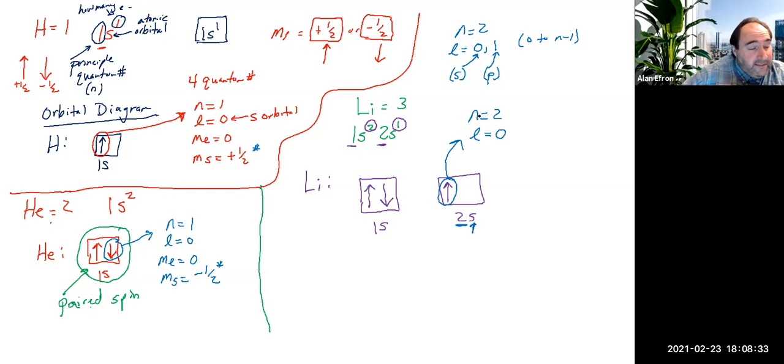Because we're at the second energy level, as we talked about last time, we start to see p orbitals appear at that point. But we have to choose the correct value for this electron, because it's in an s orbital, so the L value would be 0. That also means that m sub L would be 0, and m sub s in this case would be plus 1/2. Any questions on that one?